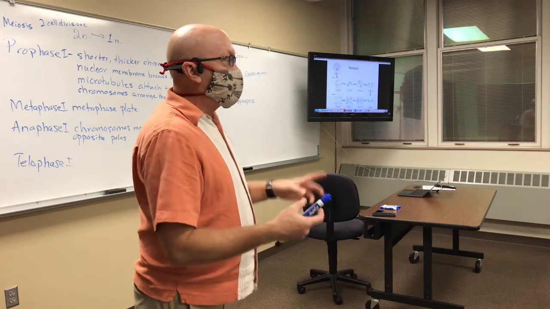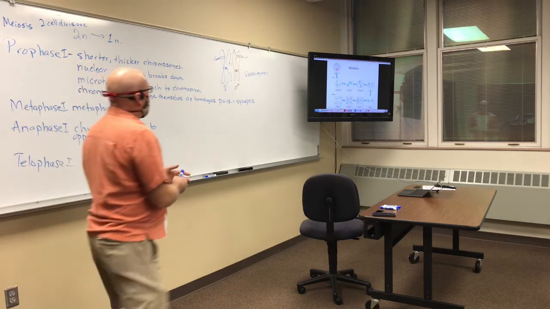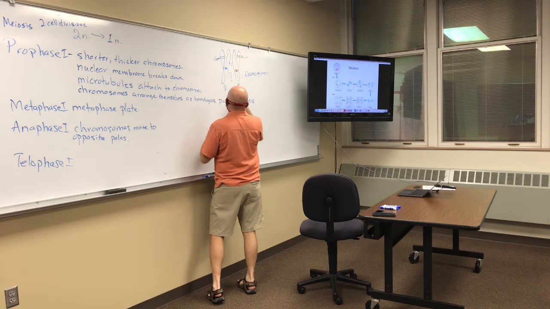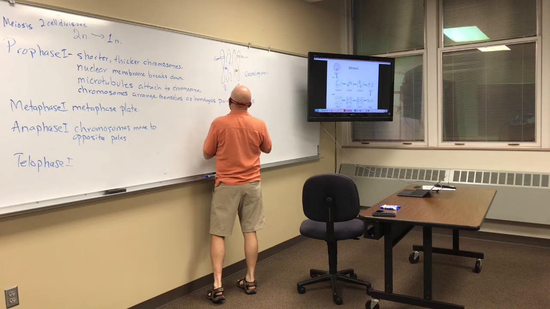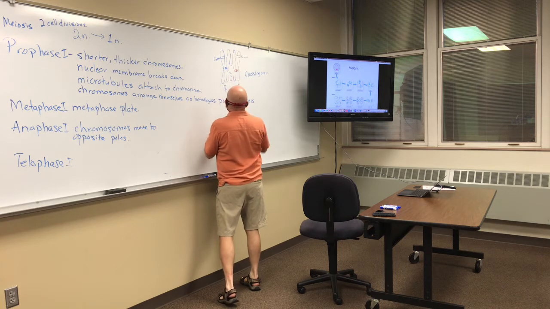And this can happen anywhere along the length of this chromosome, and it can happen multiple places. So you can have it happening at one end, and you can also have it happening at the other end. You can, in theory, also see it happening anywhere along the length.